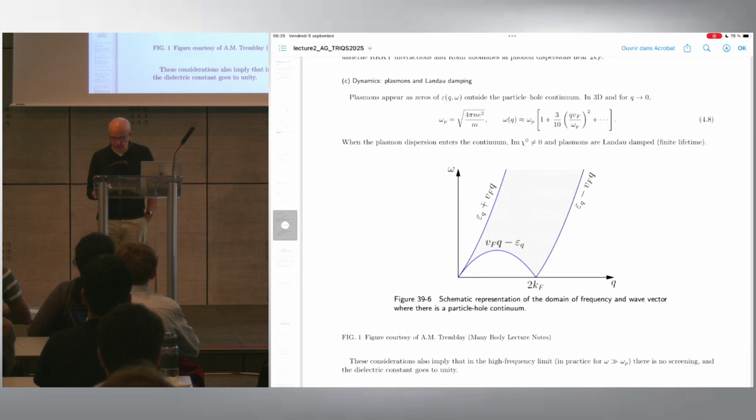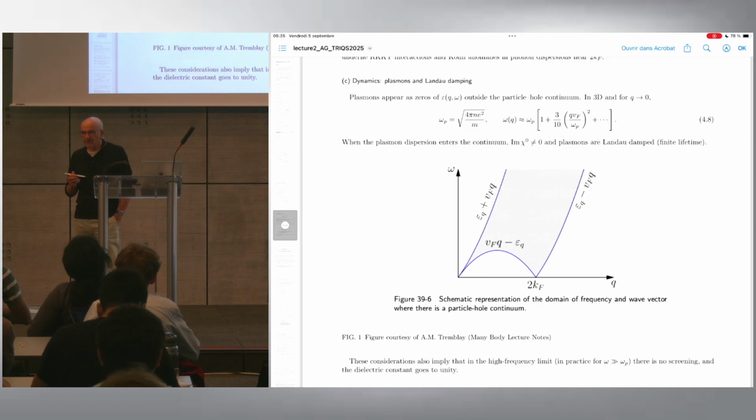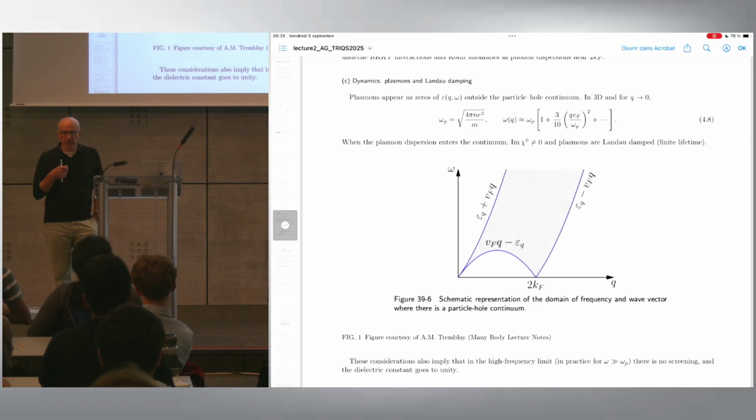It has a continuum region here, associated with the particle-hole continuum, in which chi naught is going to develop an imaginary part.